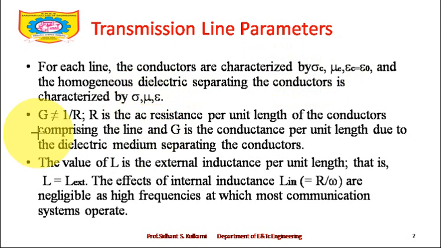Next point, G is not equal to 1 by R. G is a conductance, but it is not exactly 1 by R. R is the AC resistance per unit length, ohm per meter, of the conductors comprising the line, and G is the conductance per unit length due to the dielectric medium separating the conductors. I will take you back to this diagram.